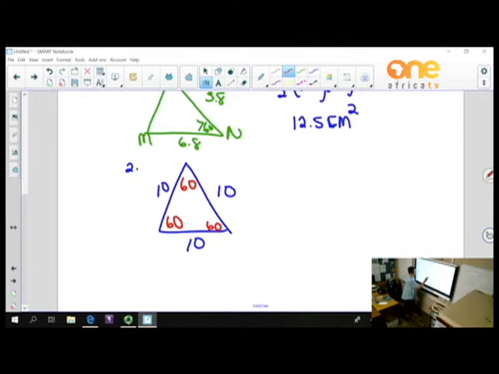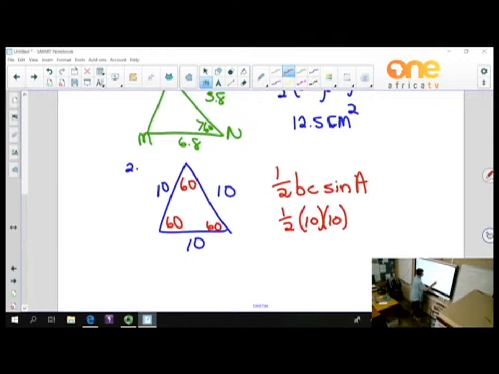So I can still use my formula, half bc sine A. So it's then a half of 10 times 10 times sine 60 degrees. You just press the calculator there. I got 43.3 square centimeters.